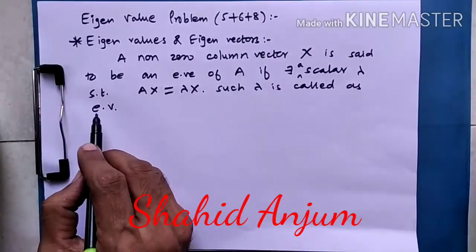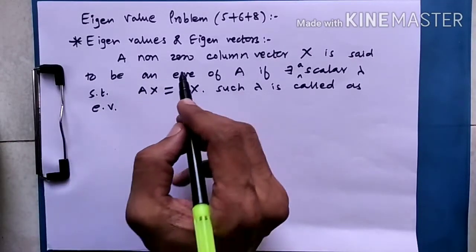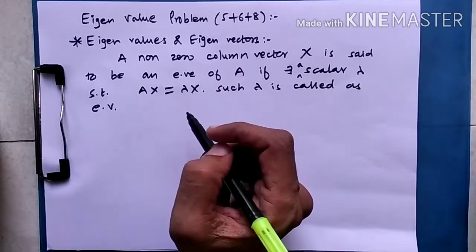So for eigenvalue, in short, I will be writing E dot V and eigenvector as E dot VE.